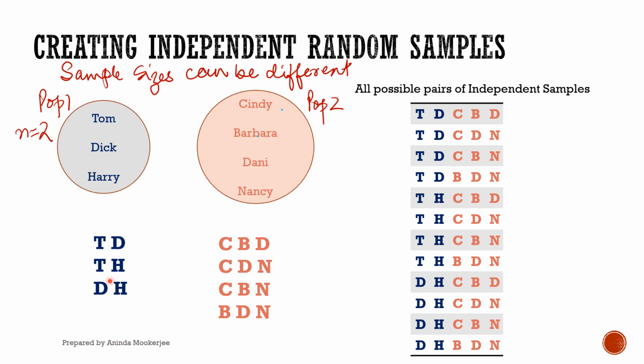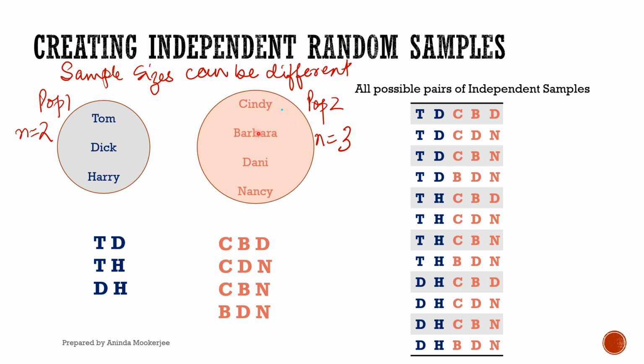Now for population 2, they have decided to use a sample size of n equals 3. All right, so they have come up with all possible combinations from this population. The population size is 4 here, but the sample size is going to be 3.